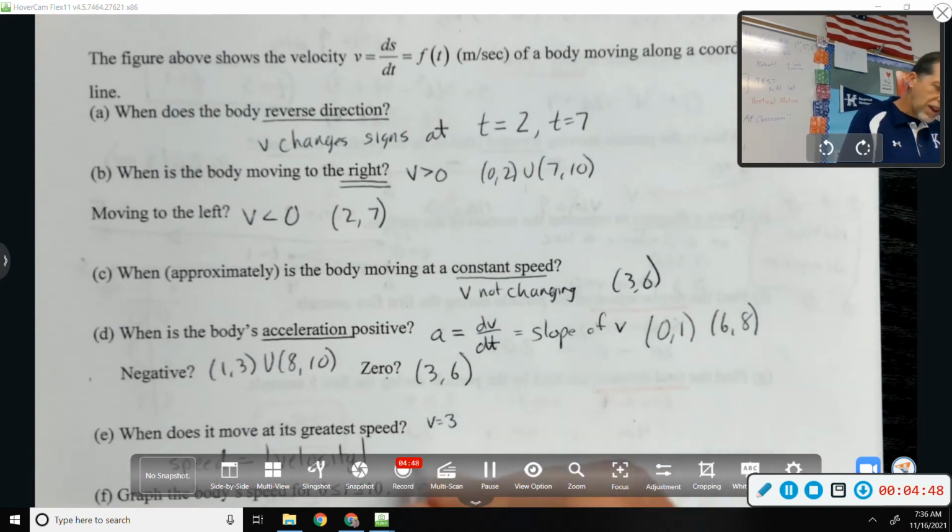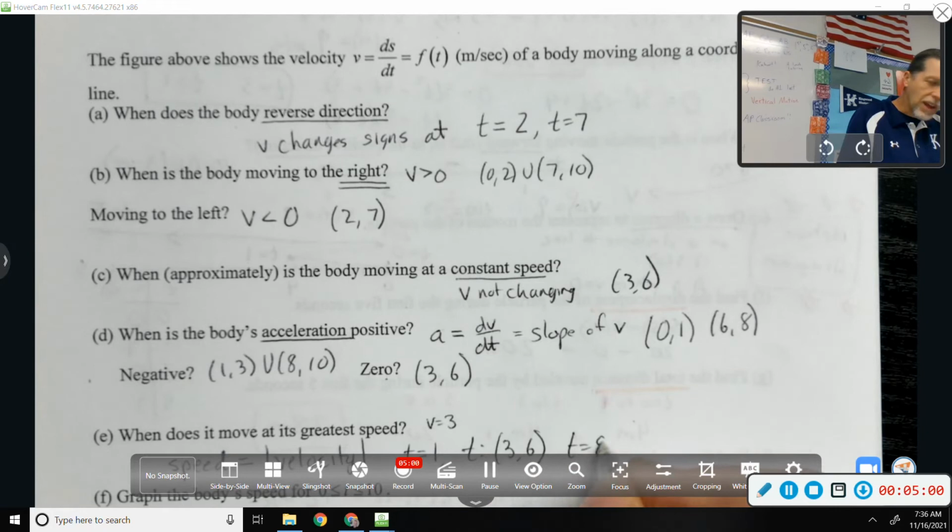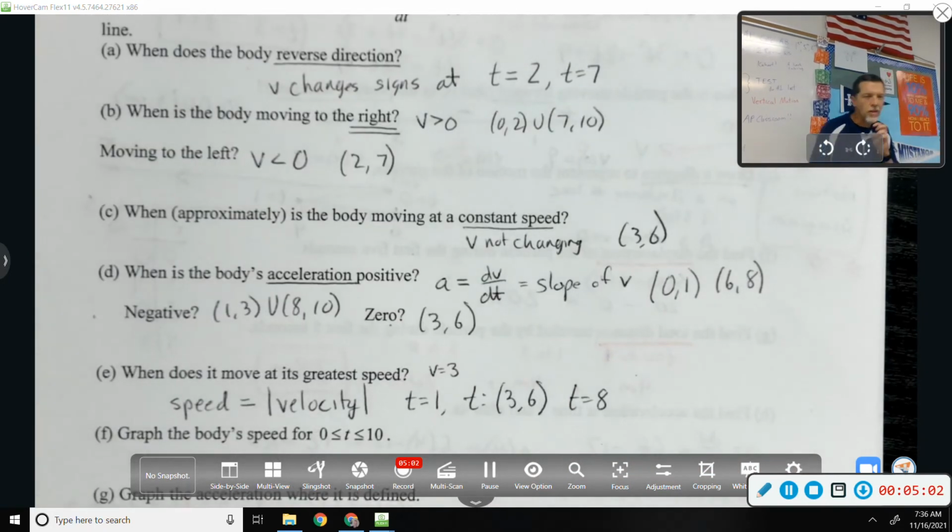That happens at t equals 1, and then this range from 3 to 6, and then t equals 8. So for an instant at 1 second and at 8 seconds, but then a constant 3 meters per second from 3 to 6.